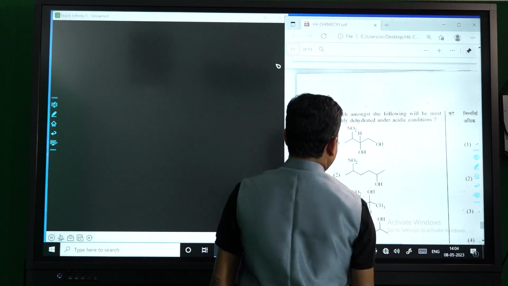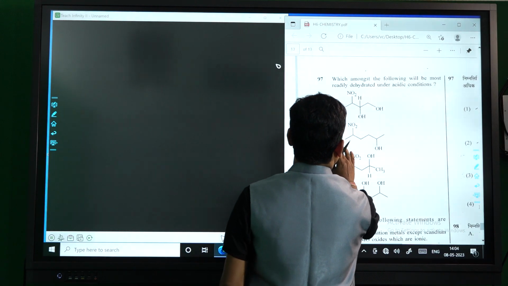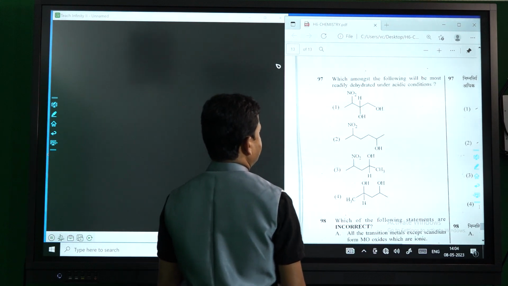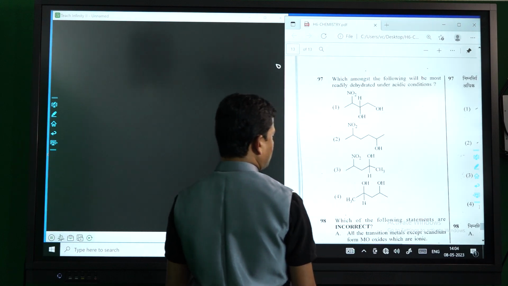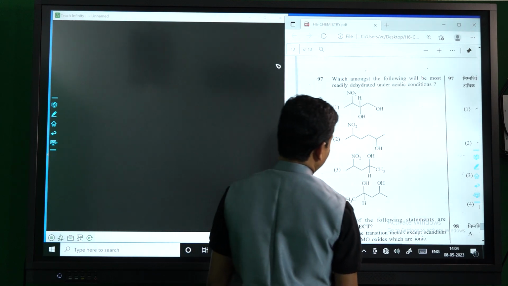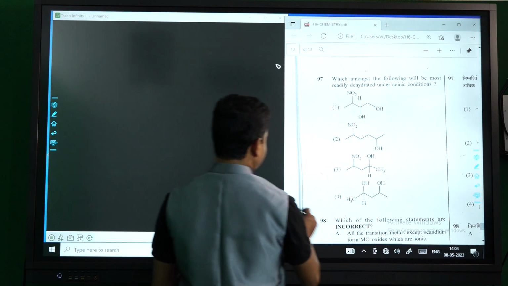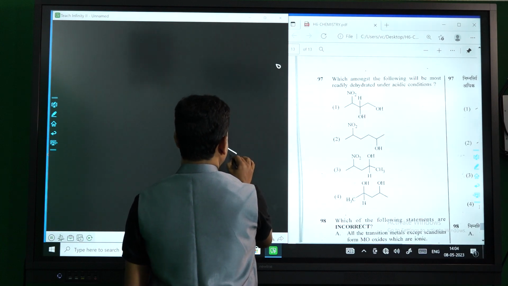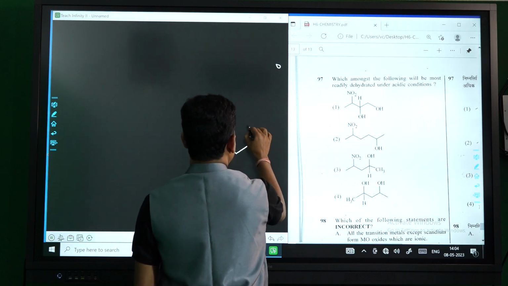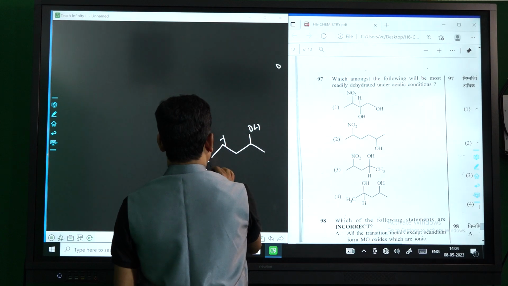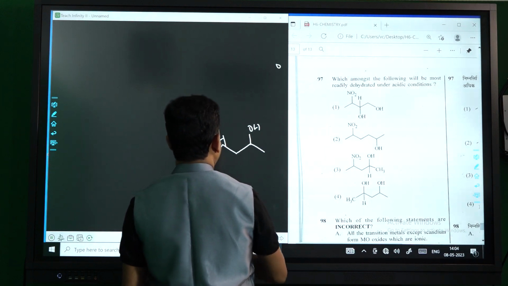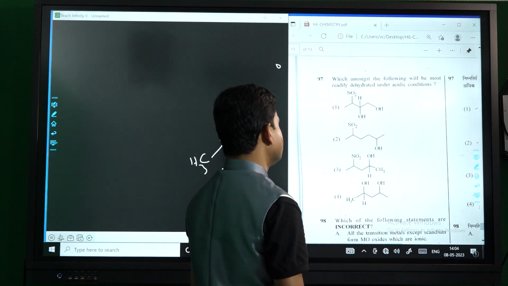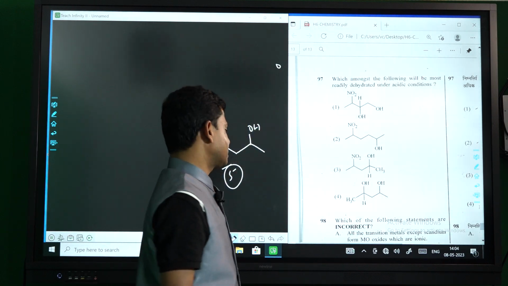In option 1, an electron withdrawing group is present, which destabilizes the carbocation. Options 1, 2 and 3 are all incorrect. Only option 4 is correct, because here is the plus charge, here is the CH3 group, and the number of alpha hydrogens for hyperconjugation is also 5, and no electron withdrawing group is present. So option 4 is correct.